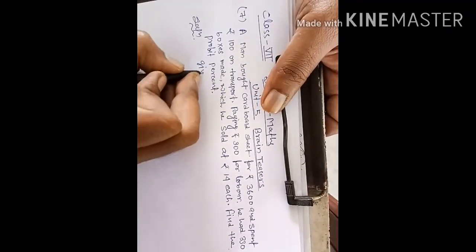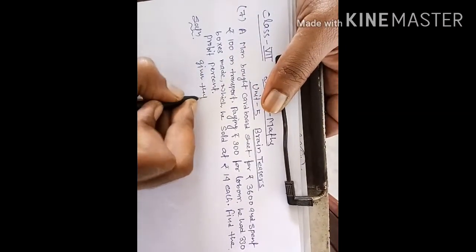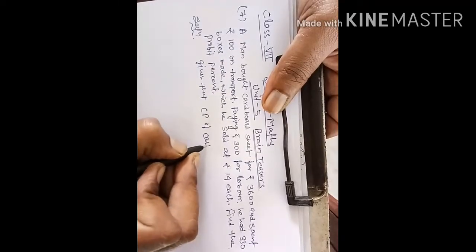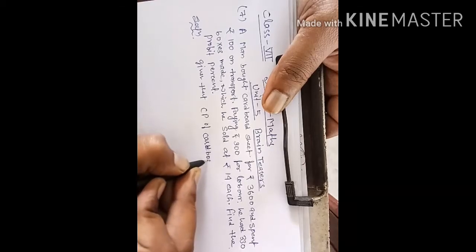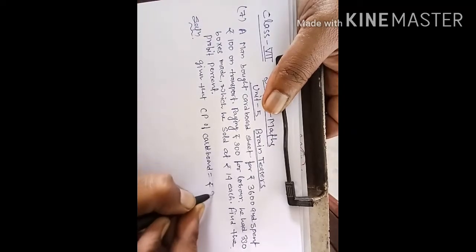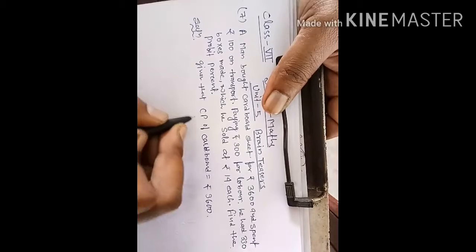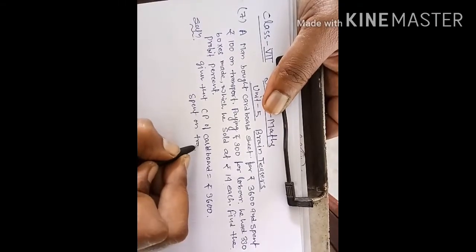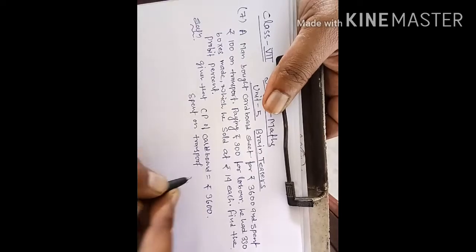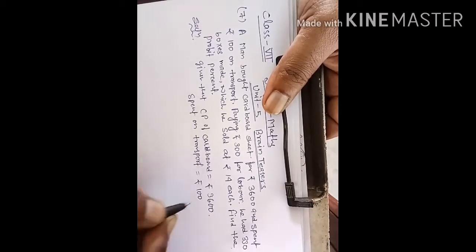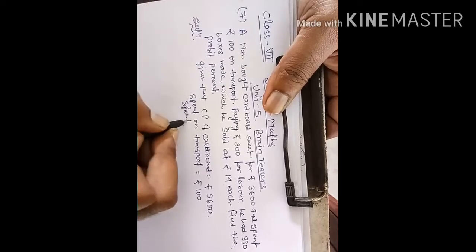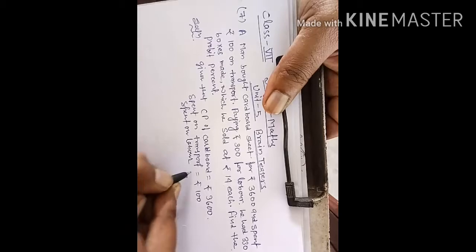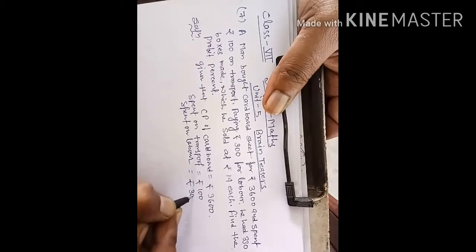Given that the cost price of cardboard is rupees 3600, spent on transport is rupees 100, spent on labor charge is rupees 300.